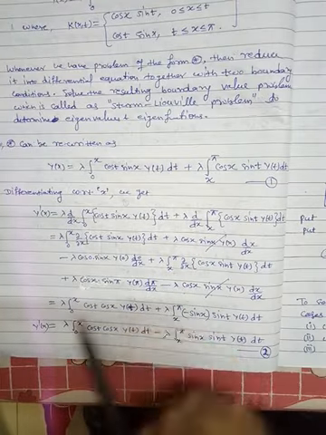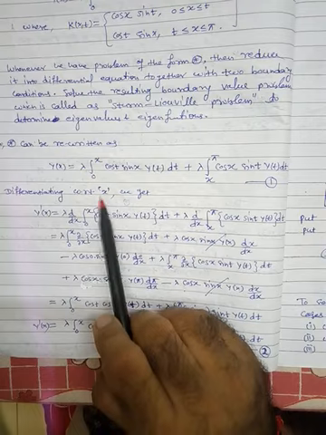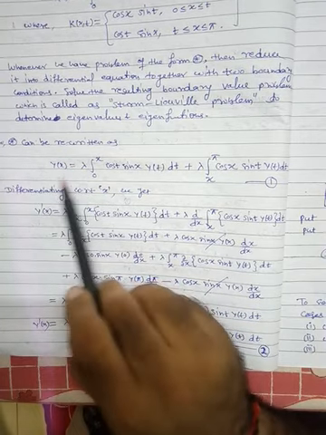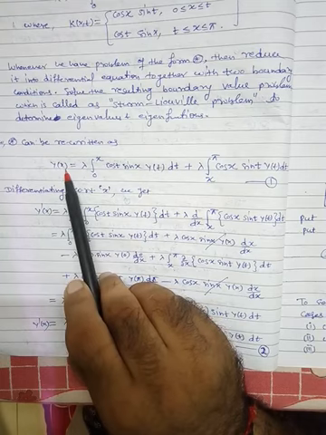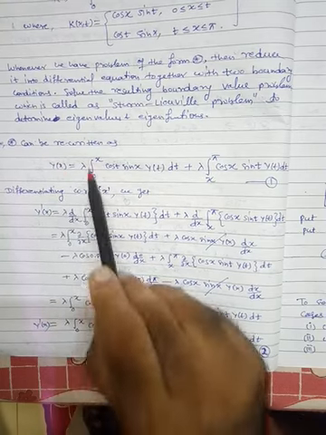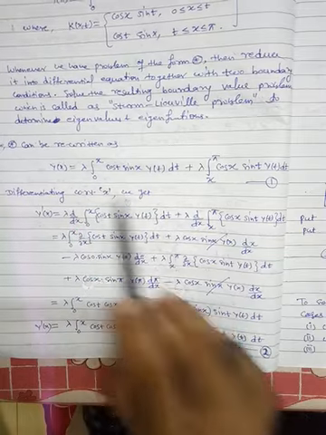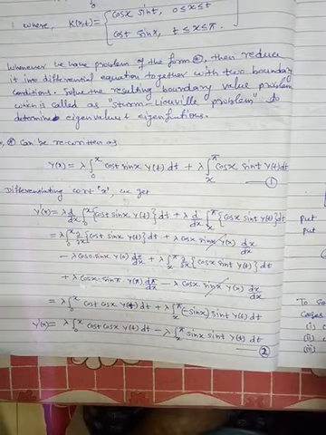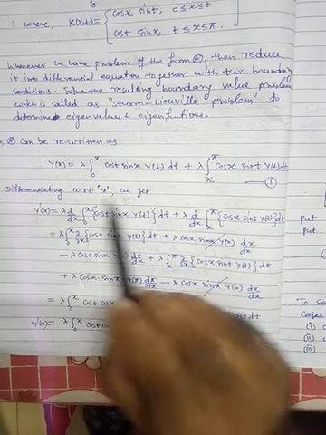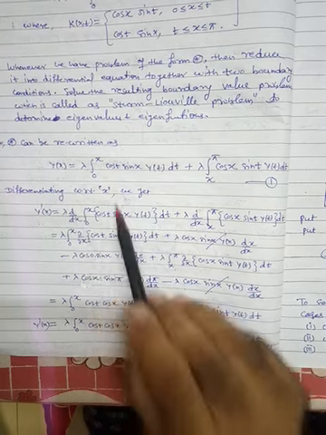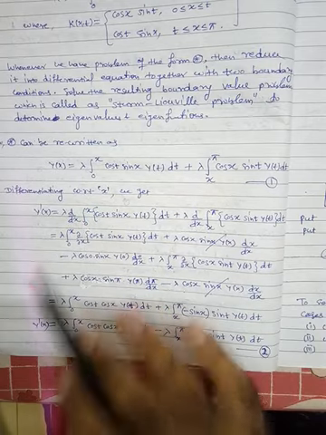Now differentiate with respect to x, not with respect to t, because our function is a function of x. So y dash x is equal to lambda d by dx of this integral plus lambda d by dx of the second integral. Now to simplify this derivative of an integral, we generally apply the Leibniz rule.